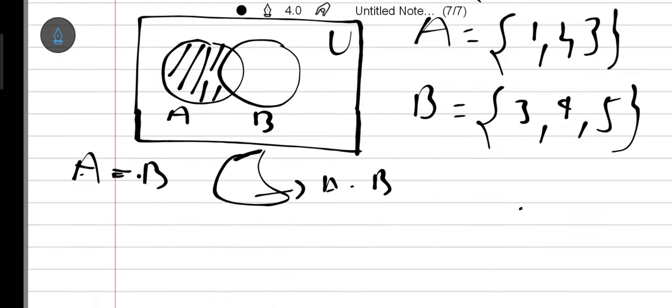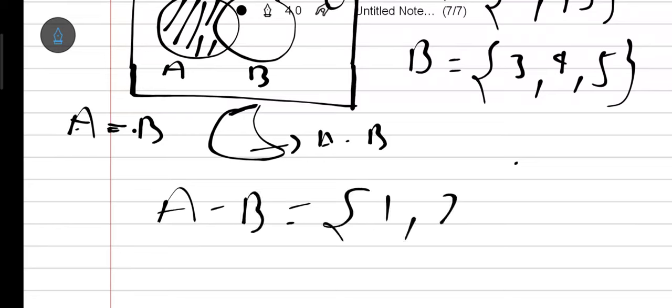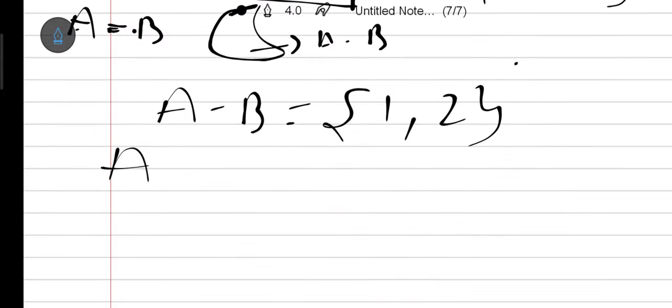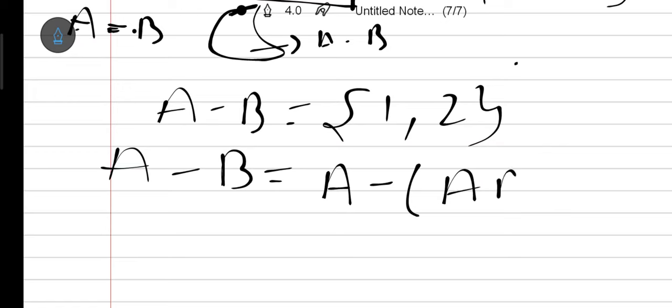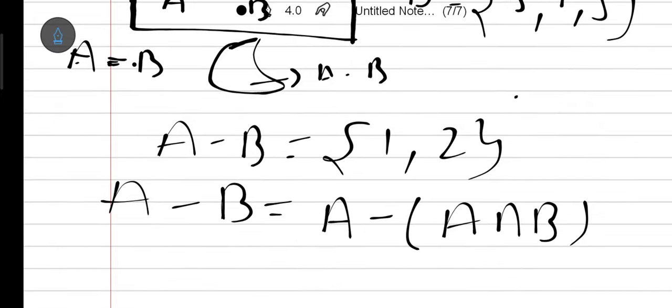If we write it by elements, A minus B will be only 1 and 2. We can write this as A minus B is equal to A minus A intersection B. We are carving A intersection B out from A.